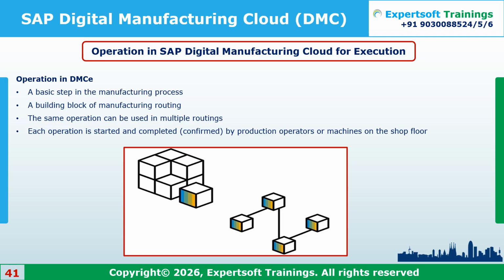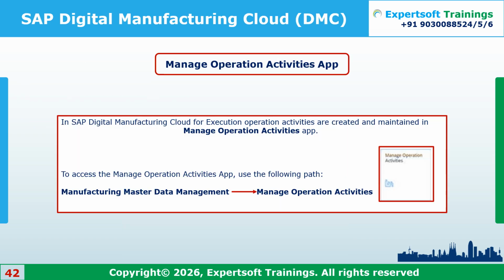Okay. And the operations, again, this is nothing but the set of predefined activities that will be executed one after another in DM. We have the Manage Operations app in the DM.